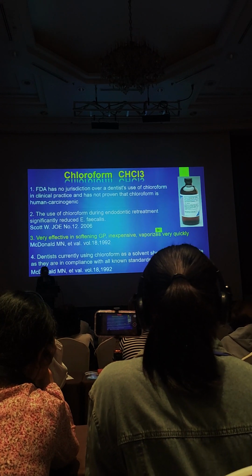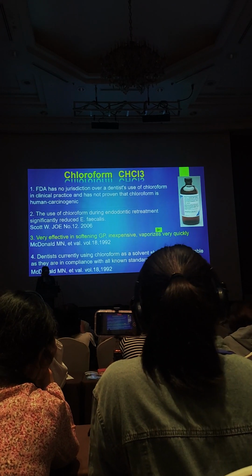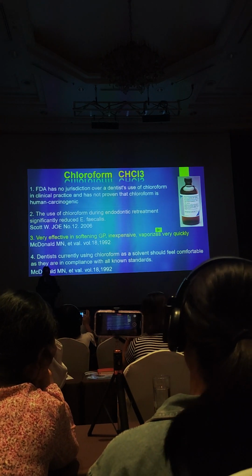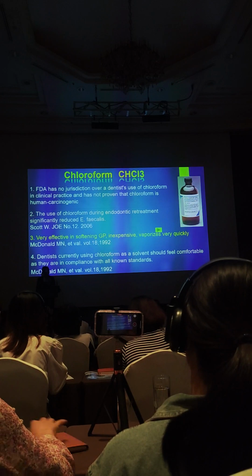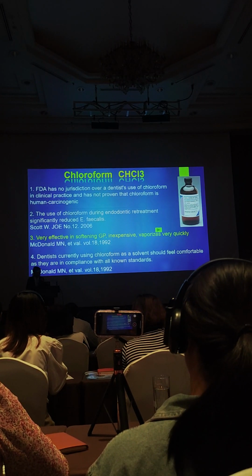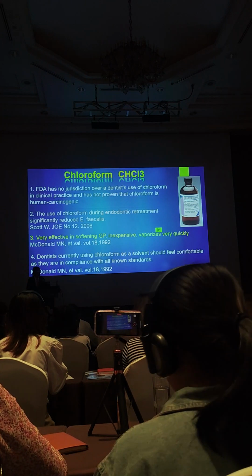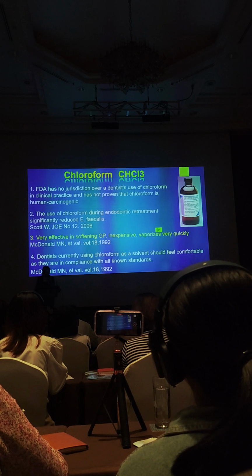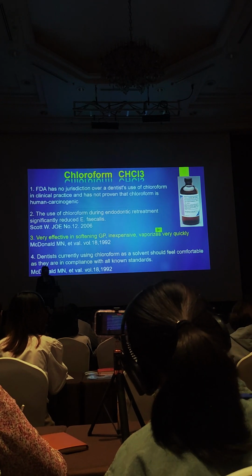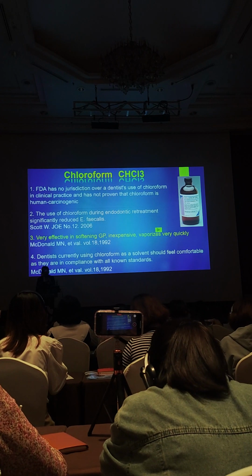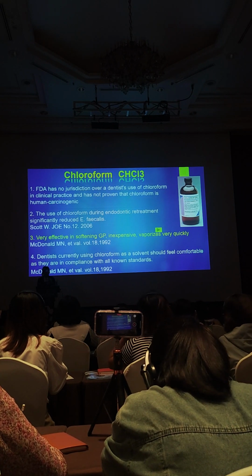And the use of chloroform is very advantageous. The use of chloroform during endodontic retreatment significantly reduced Enterococcus faecalis, which is responsible for biofilm formation. Chloroform is very effective in softening gutta-percha, very cheap, and it will vaporize very quickly.